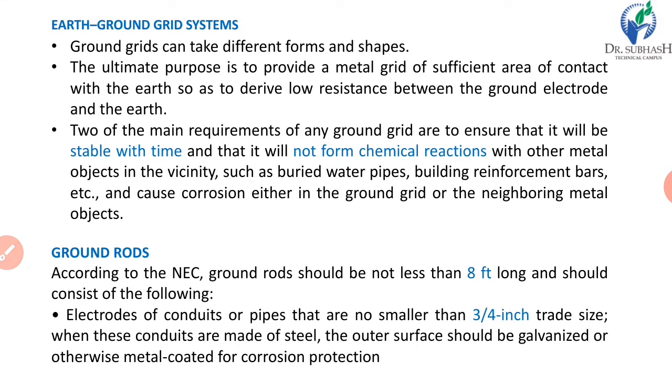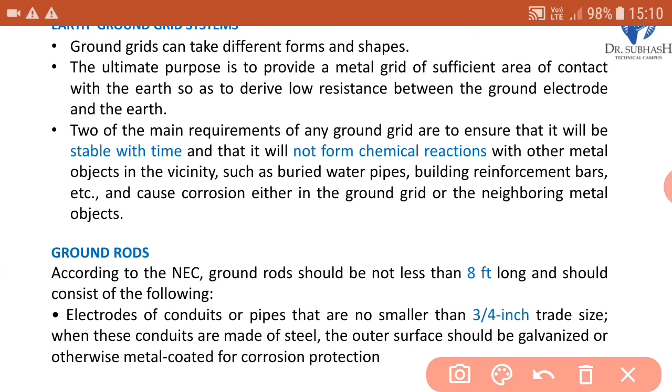Earth ground grid systems. Ground grids can take different forms and shapes. The ultimate purpose is to provide a metal grid of sufficient area of contact with the earth so as to derive low resistance between the ground electrode and the earth.